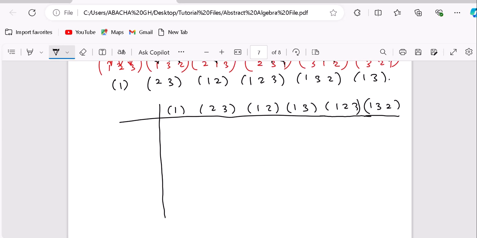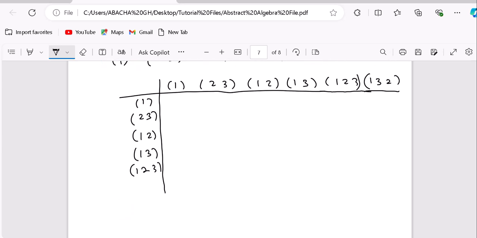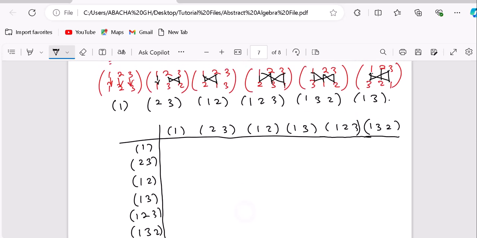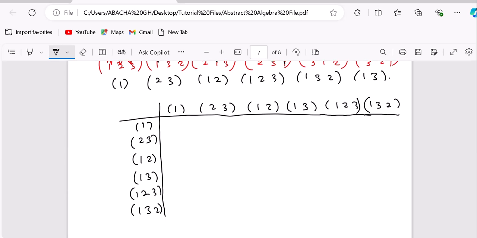We write the same along the top. In order to do the compositions, this one is the identity element, so we don't need to suffer filling this part.